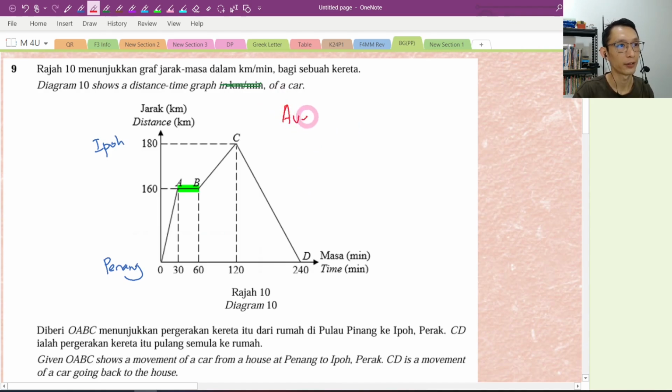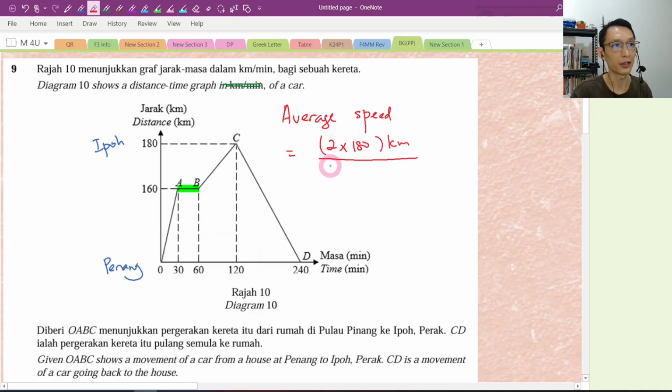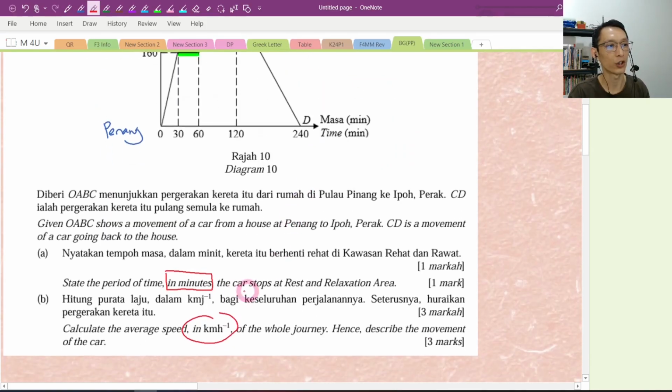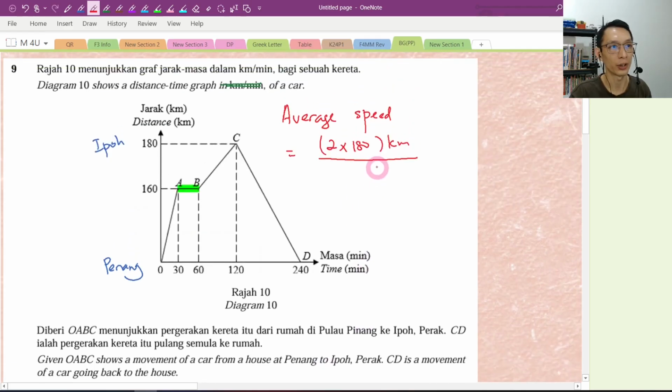Average speed is equal to 2 times 180. This is the total distance traveled and divided by the time taken. But you need to be more careful. The question requests us to give our answer in kilometer per hour. So it means that here must be in hours. 240 minutes divided by 60, then you will be able to change it to hours.